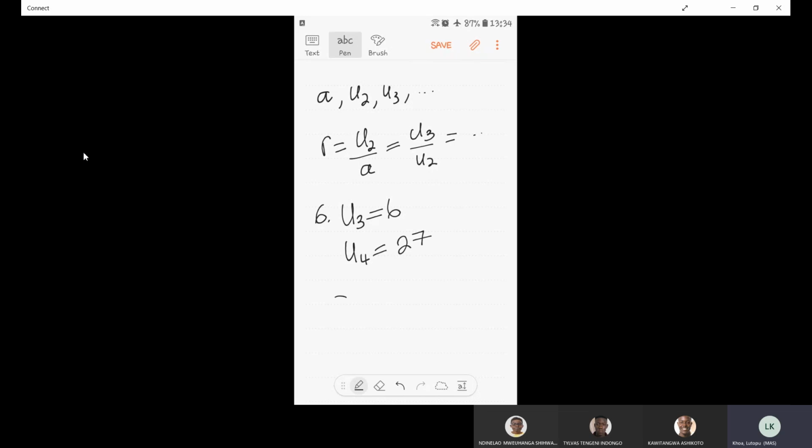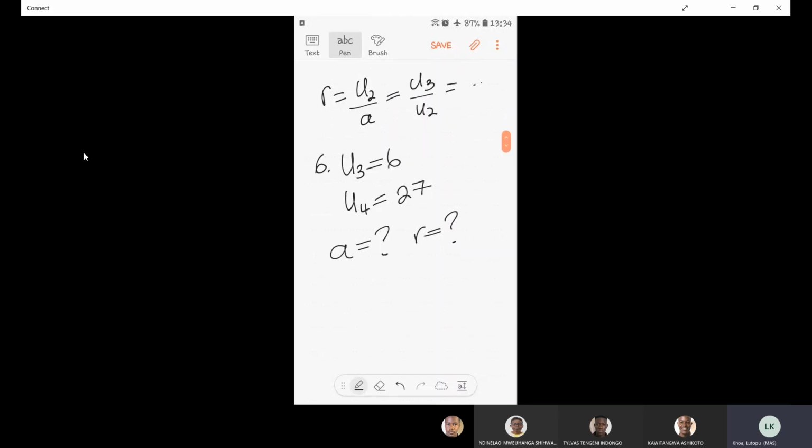Now we have to work out the value of A as well as the value of R. Now this one is very simple because we're given two consecutive terms. Now when you're given two consecutive terms, you just divide the one that comes later by the one that comes before, and then that is your R.